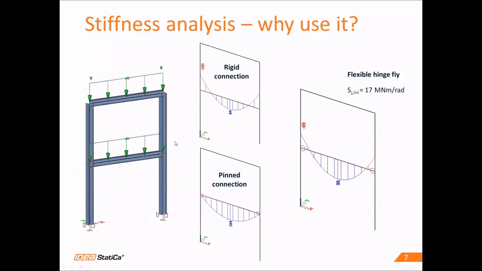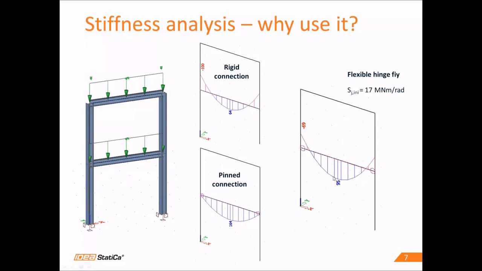And if we add flexible hinges to the ends of the beam with a certain value of flexibility, and we recalculate the project, you can see that the load is redistributed and the values of internal forces are different. We can compare that moments decrease in the place of the supports.